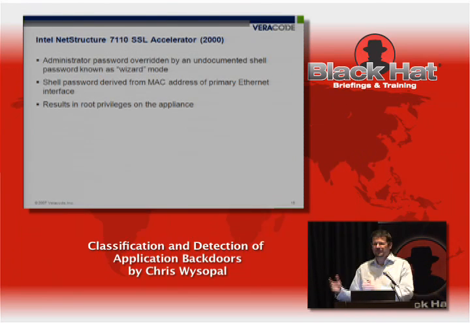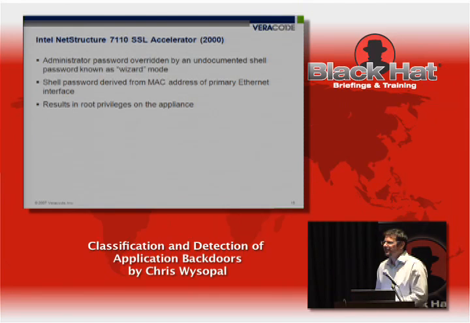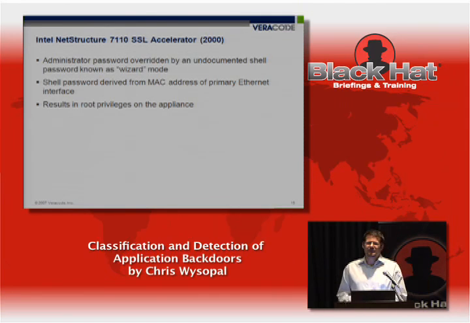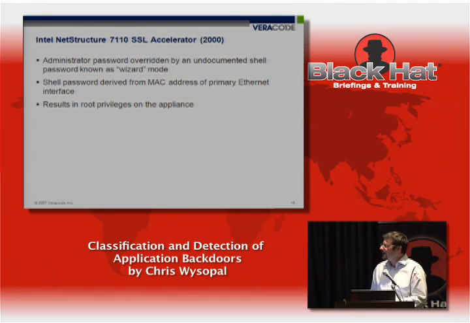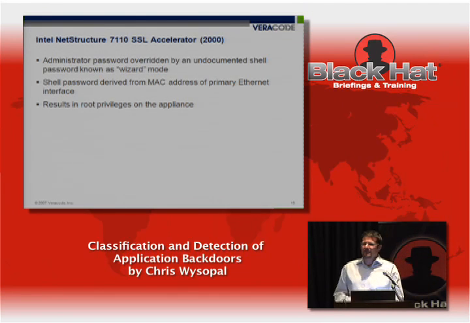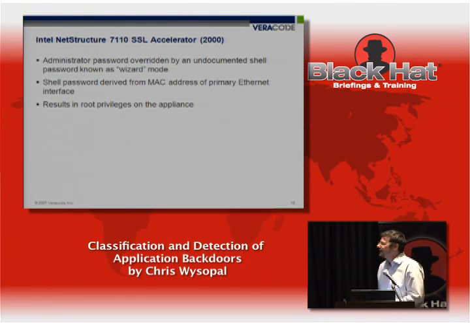We figured, since we're putting this SSL accelerator in front of high transaction secure servers, if it has a vulnerability, it's going to be pretty serious. So we looked at the code on there. We opened it up, found out it was running NetBSD, and started looking through the login code.